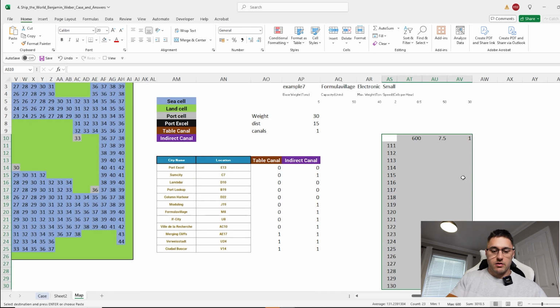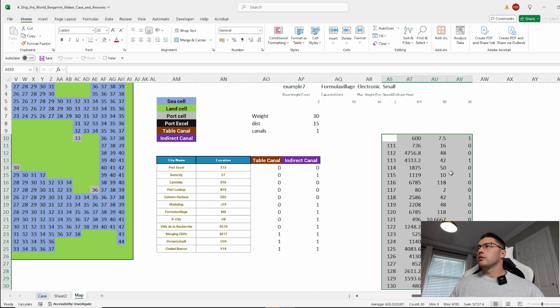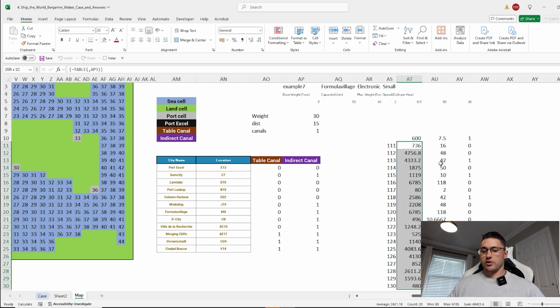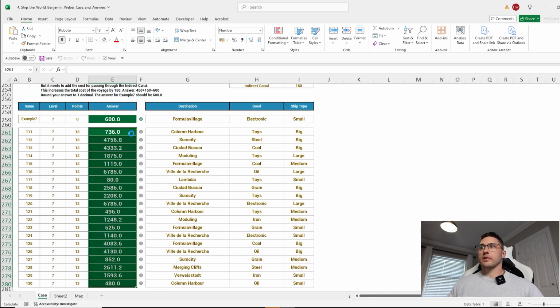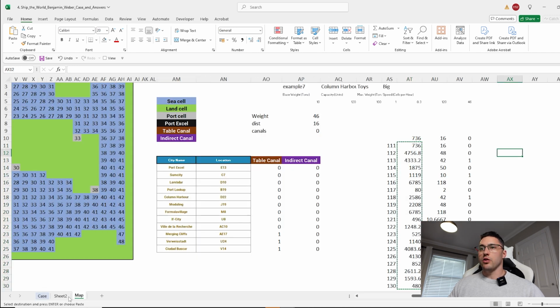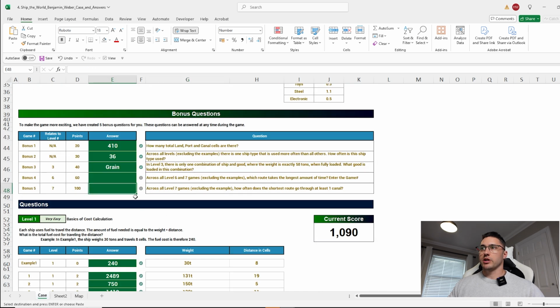It might be quite resource intensive, but let's give it a go. Okay, and that should be all of our answers. So that looks right. And then we want to know for the bonuses how many times we go through a canal.